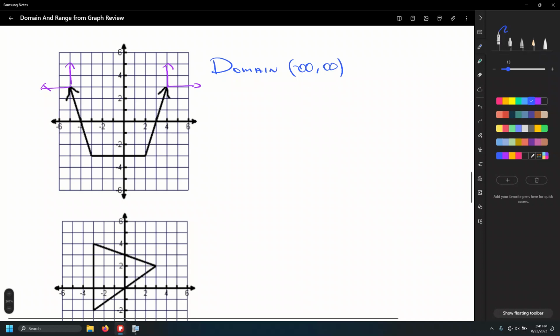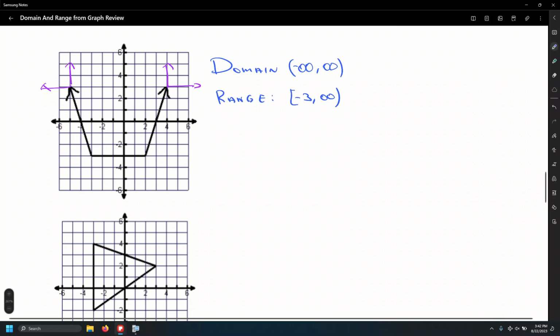And the range, all right, for the range, scan it from bottom to top. What do we get when we scan from bottom to top? Negative 3 to infinity. Okay, so negative 3 to infinity. However, which grouping symbol for the negative 3? Bracket, right?